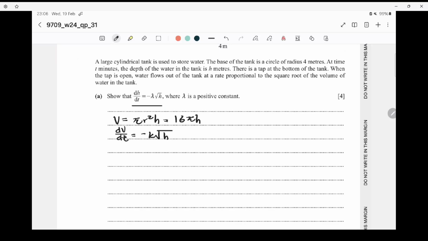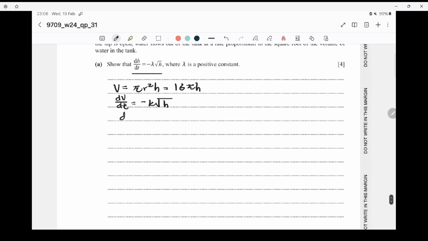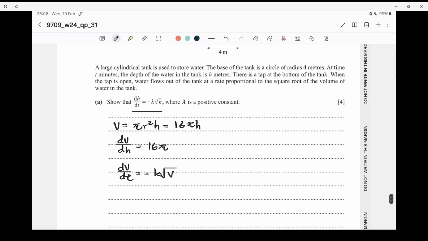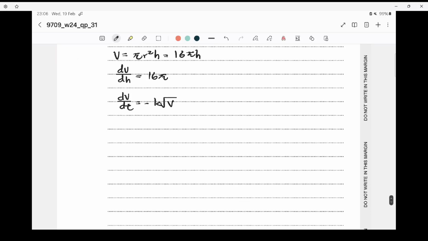Alright, so dh over dt would be, sorry, you need to find another thing. Let's differentiate V with respect to h first. So you will get 16 pi. Then just now we know that dV over dt is minus k times the square root of V. And what do we know about V?